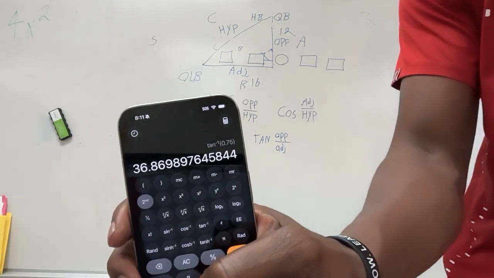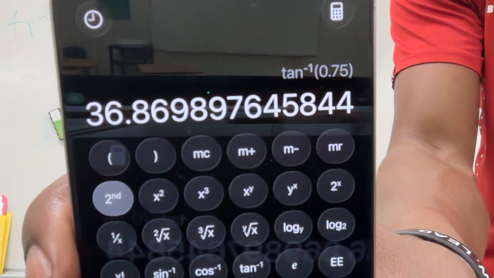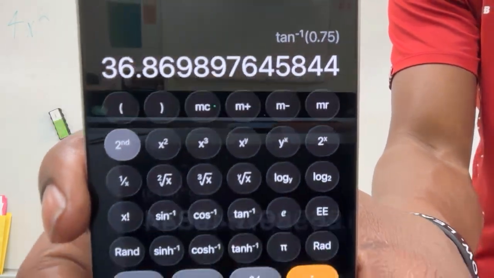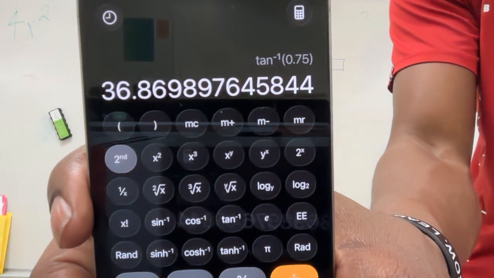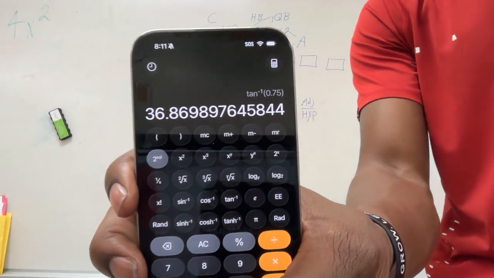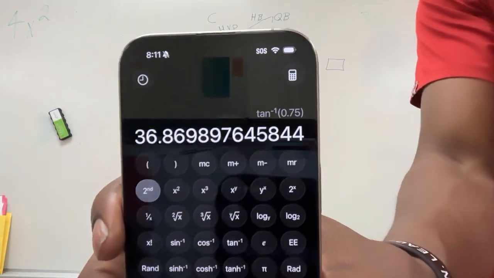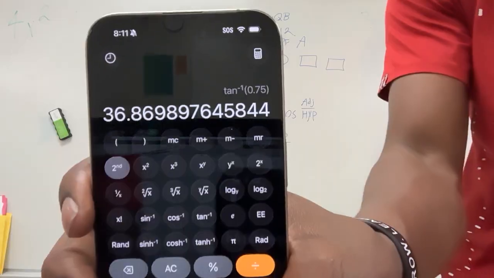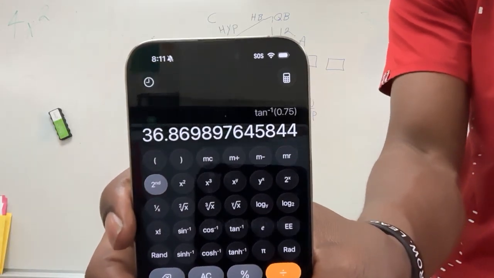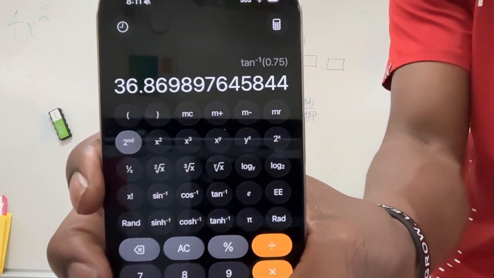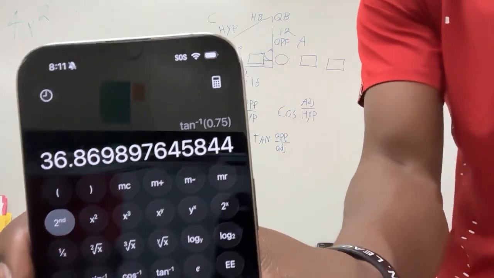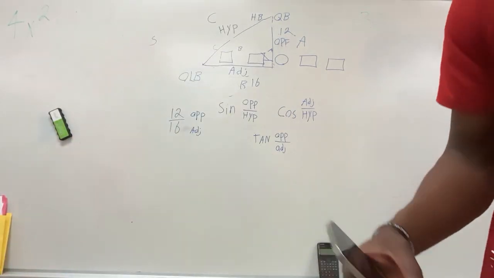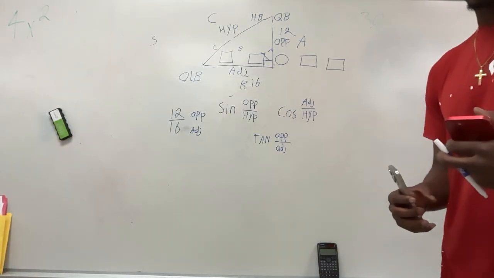So that had me at the inverse, which put this at tangent -1 of 0.75, which gave us our degree. That's the only way you get your degree right there. Everything else will put it as a ratio, which would be less than 1, but we need a degree. We got 36.86, so round it up. Boom. We need to go at a 37-degree angle.